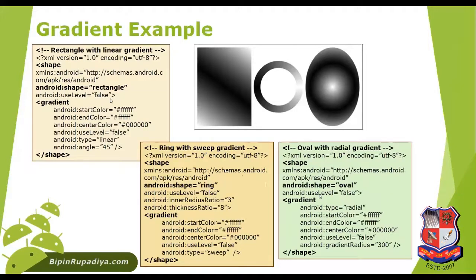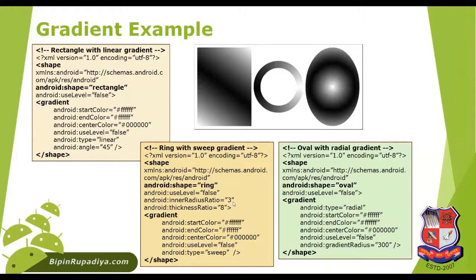Now the task of this, let's first describe all the steps. In a rectangle, just see that we have utilized only two properties. In a ring, you see two other properties: inner radius ratio and thickness ratio. It starts from 0 to 9.